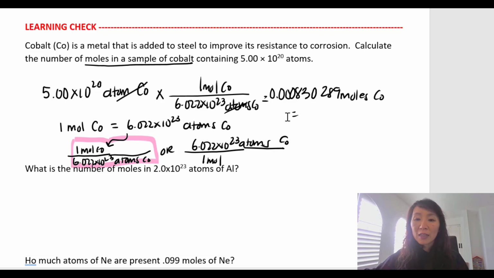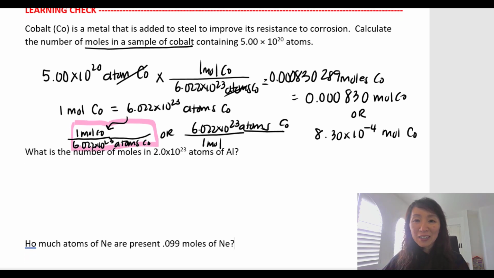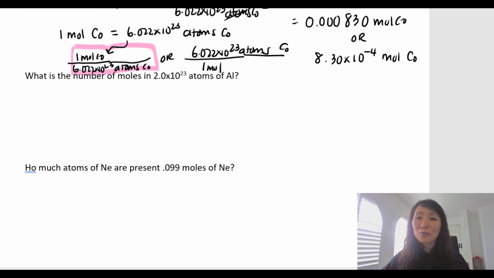Therefore, the correct answer is 0.000830. Or if you want to put this in scientific notation, you can, and that would be 8.30 times 10 to the -4 moles of cobalt. So try the next one on your own and then come back to check the key, and then we'll go on to the next one.